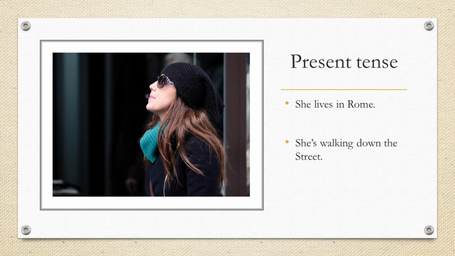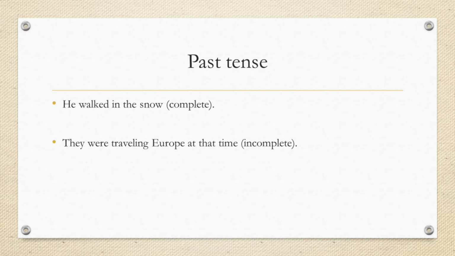Okay, we're going to talk about past tense now. Look at these two examples. He walked in the snow. So in this case, it's a situation that already happened. That is not happening still, but happened in the past, and that's it.